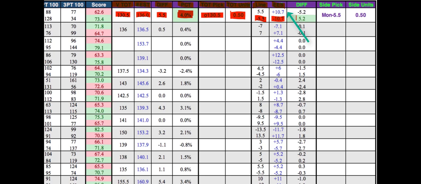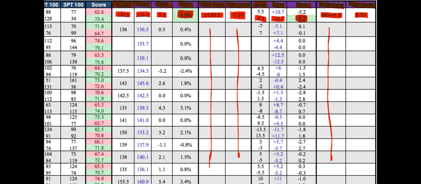So again, this is triggering a difference of 5.2, and it does actually trigger a side play of Monmouth minus 5.5, and again, all the units are just set at 0.5. If a play gets triggered, it's going to be a 0.5 unit play. And you'll see here in these columns, there is no play triggered because it doesn't meet the threshold that we set previously for the model.